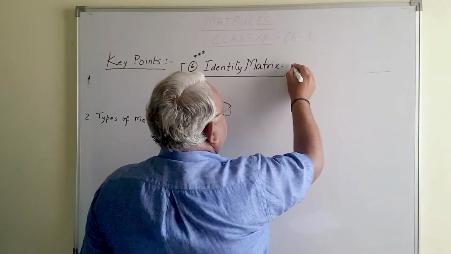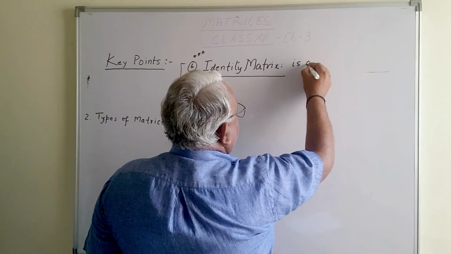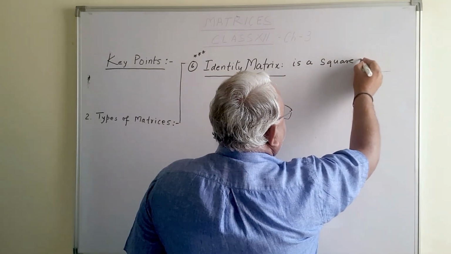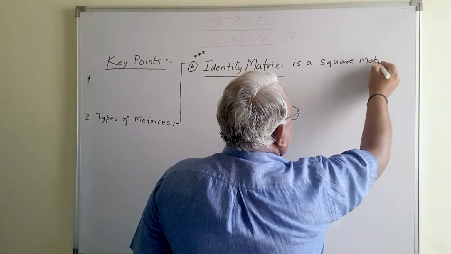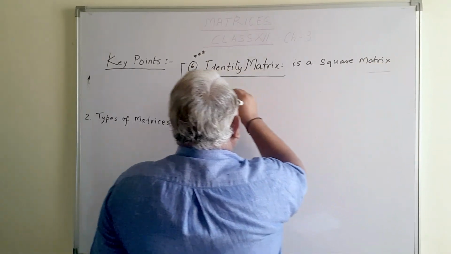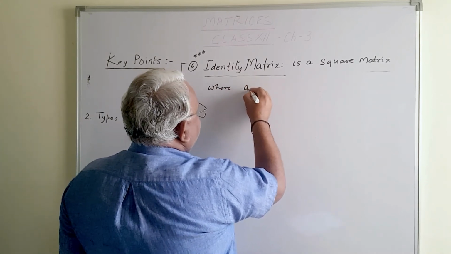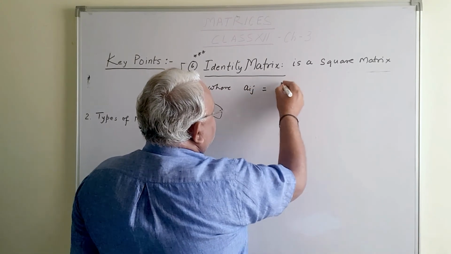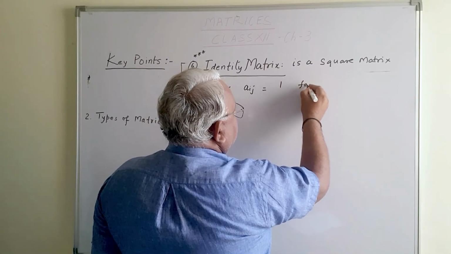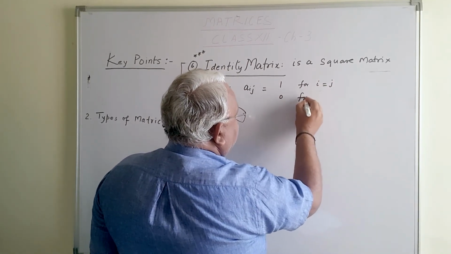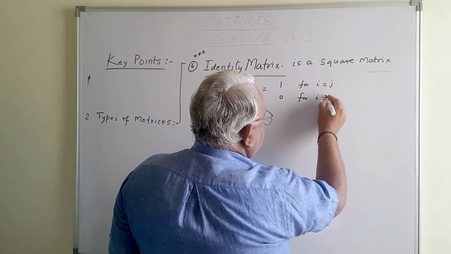So again, it is a square matrix where Aij is equal to 1 for I equal to j and 0 for I not equal to j.